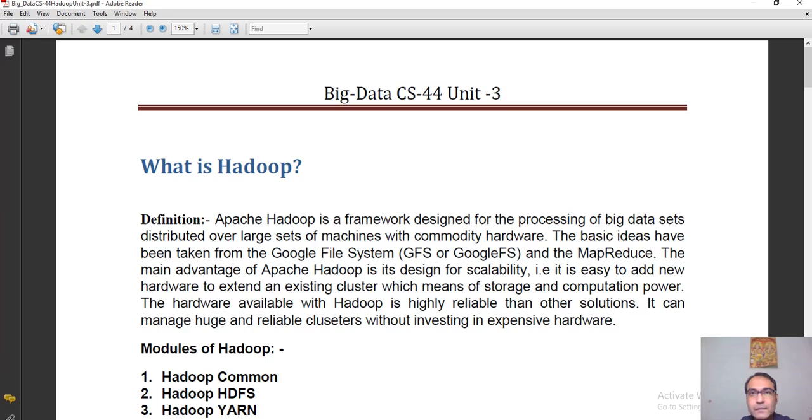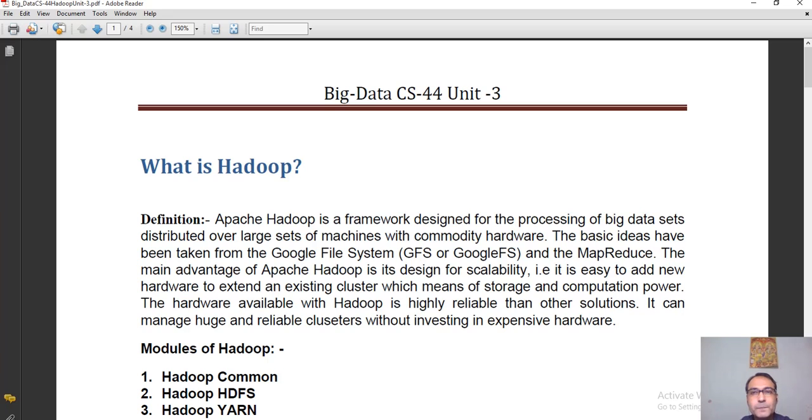We know that Hadoop is a framework designed for processing big data. Big data consists of data larger than petabytes. The petabyte is the basic unit for Hadoop.